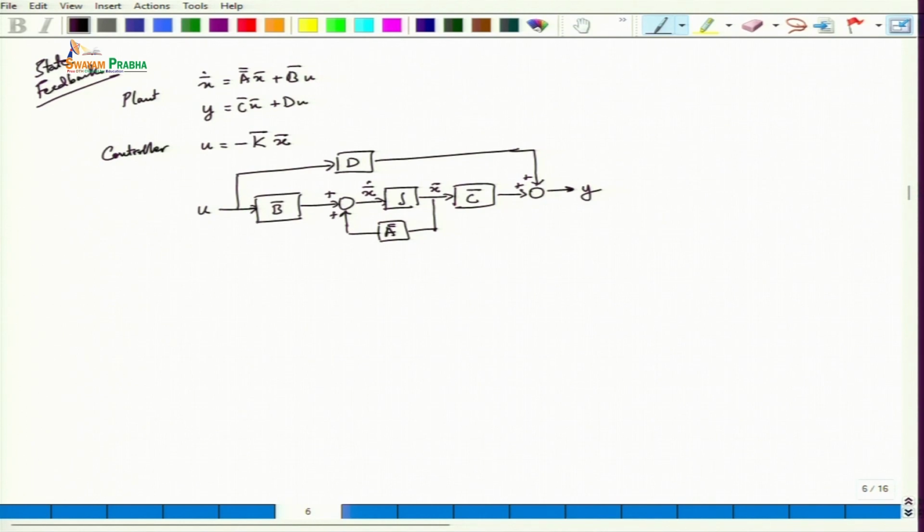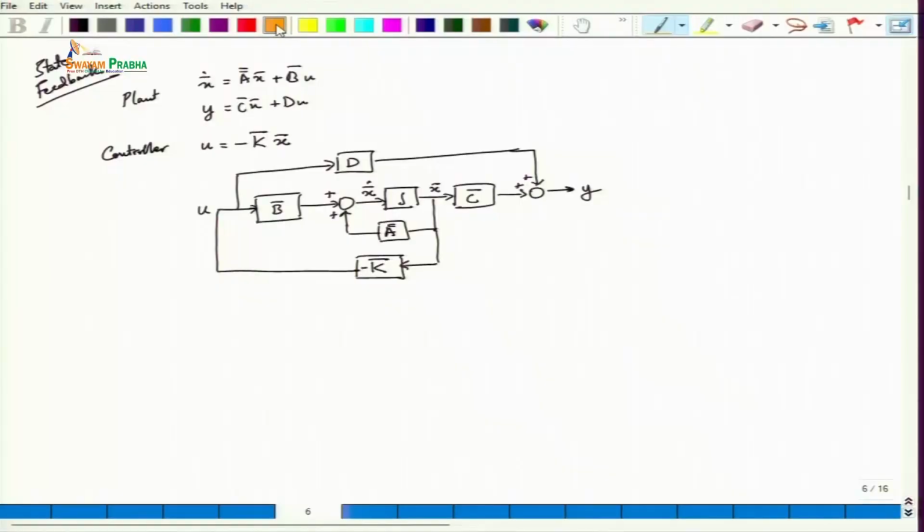Now this is the diagram which represents the plant. Now we are going to consider the controller. The controller will take X and multiply it by K, and once we multiply it by minus K, we are going to feed this back into U. So this represents our state feedback controller plus the plant.